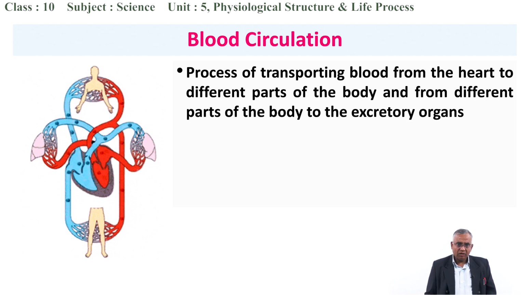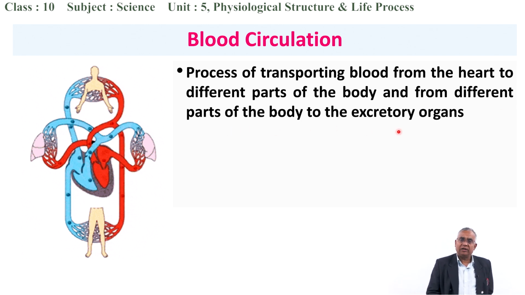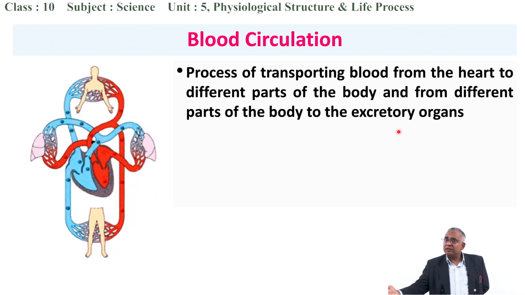So the process of transporting blood from the heart to different parts of the body and from different parts of the body to the excretory organs is called as what? Blood circulation. So for what? To different parts of the body, to supply the required things to them: food, nutrients, hormones, oxygen.